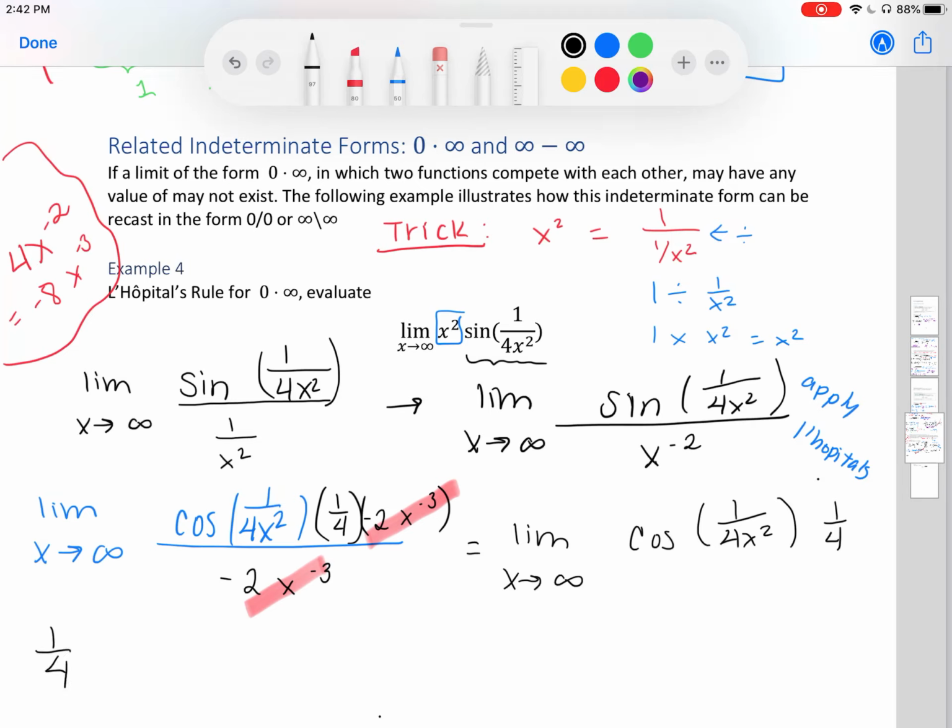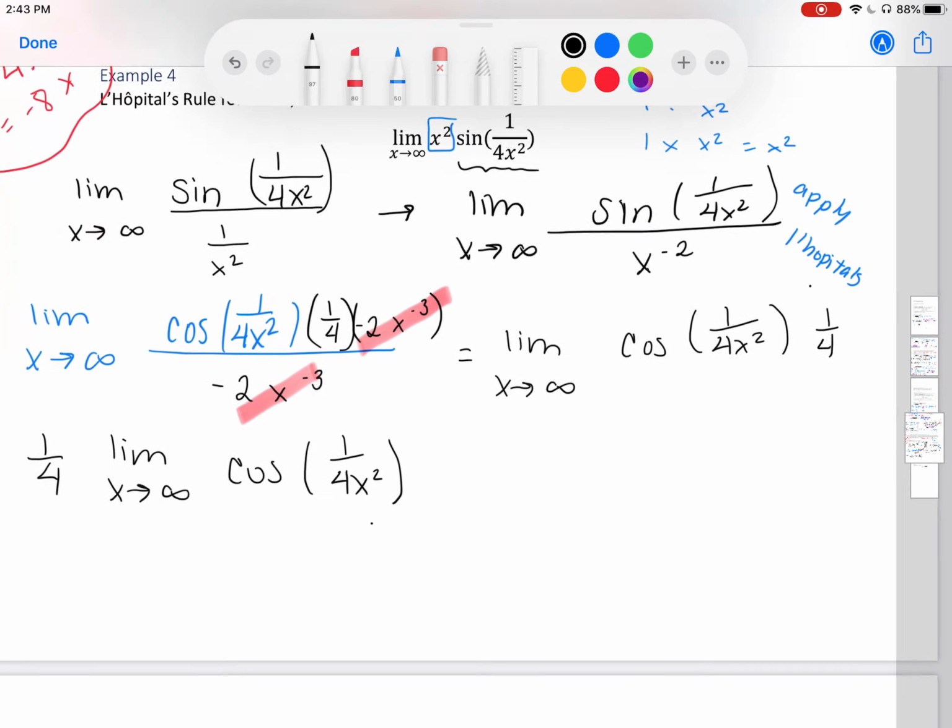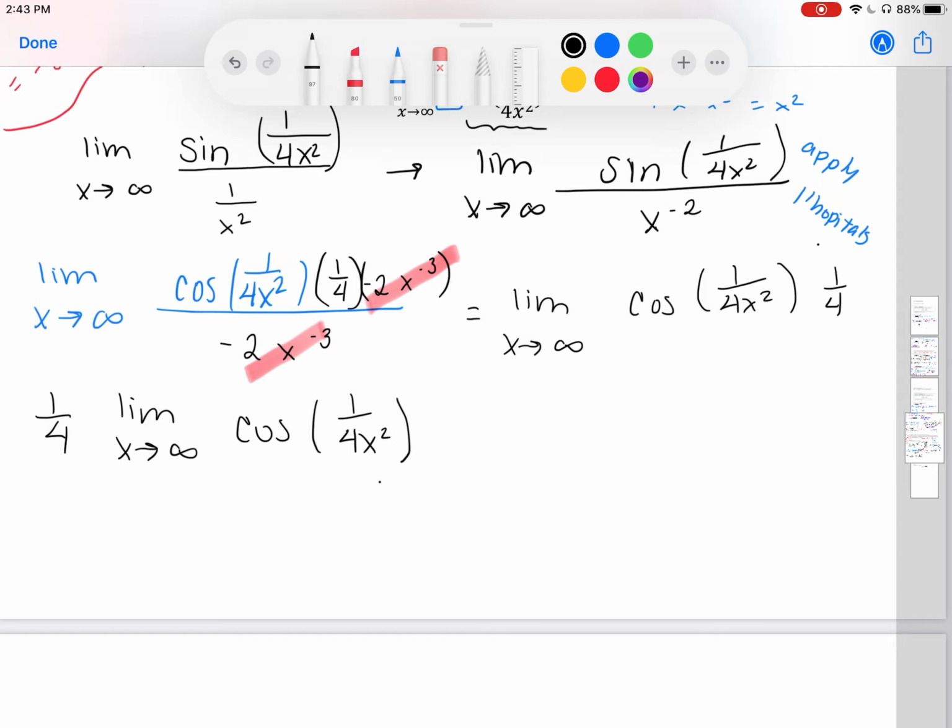So I have 1/4 times the limit as x approaches infinity of cosine of 1 over 4x squared. All right, don't forget your tricks from chapter 2. Our fraction, as x approaches infinity, is approaching 0. So we really have cosine of 0, which is 1. So I have 1/4 times 1. Our answer is 1/4.